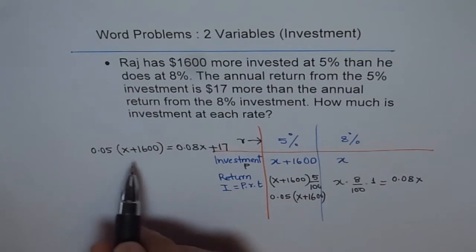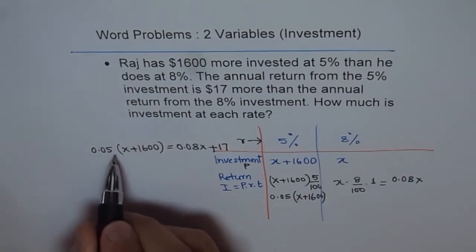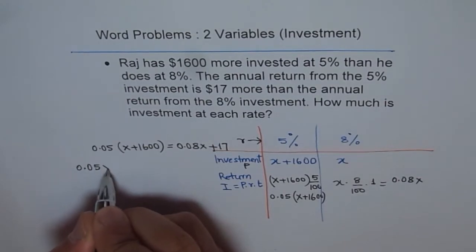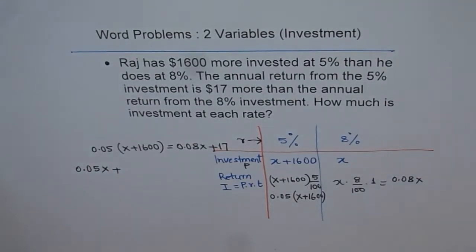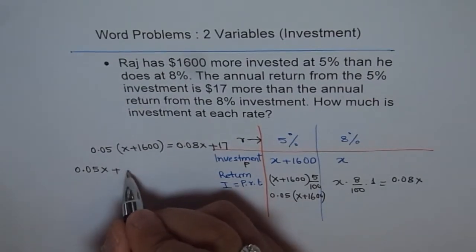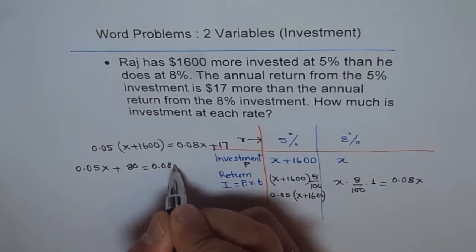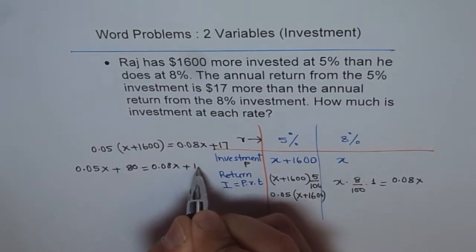To solve this, let's expand. So we get 0.05x plus, let's use the calculator, 1,600 times 0.05, which is equal to $80, equals 0.08x plus 17.